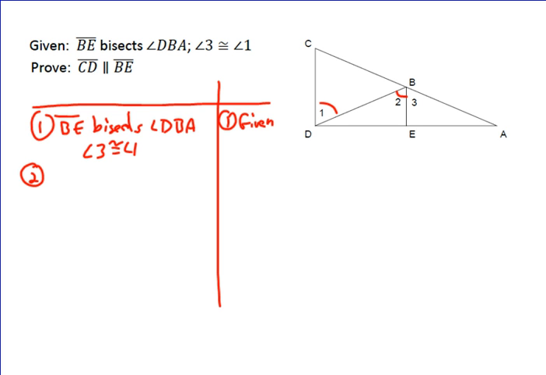If BE bisects BDA, that very clearly states, by definition, that angle 2 is congruent to angle 3. And so we can make the claim that angle 2 is congruent to angle 3, and that's just by the definition of angle bisector.